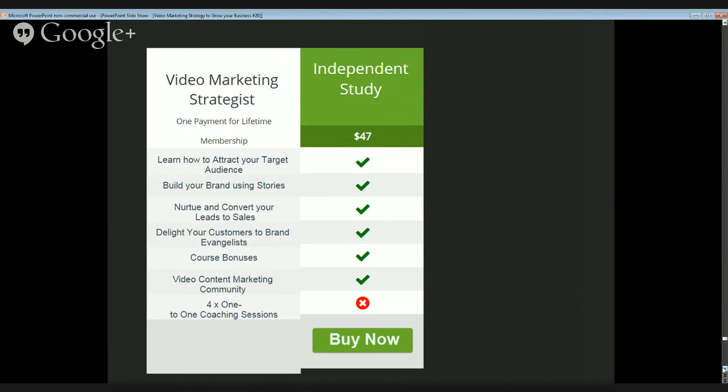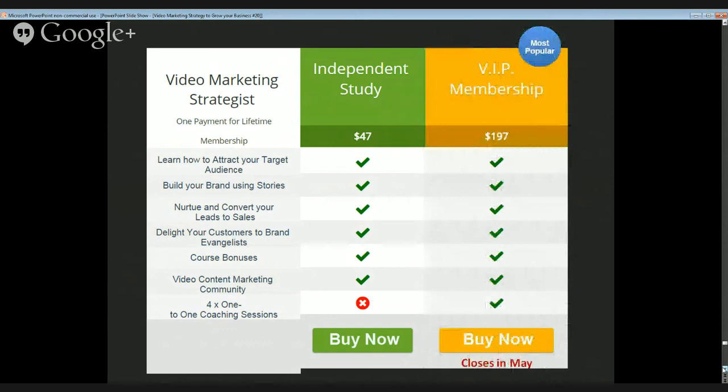It's the independent study. But just this month, we're also offering a VIP membership, which gives you all those things, plus 4 one-to-one coaching sessions with me. It closes in just a couple of weeks in May. It's only available certain times during the year when I can actually schedule this, because I do spend a lot of time with my members who are taking this up, going through the program.